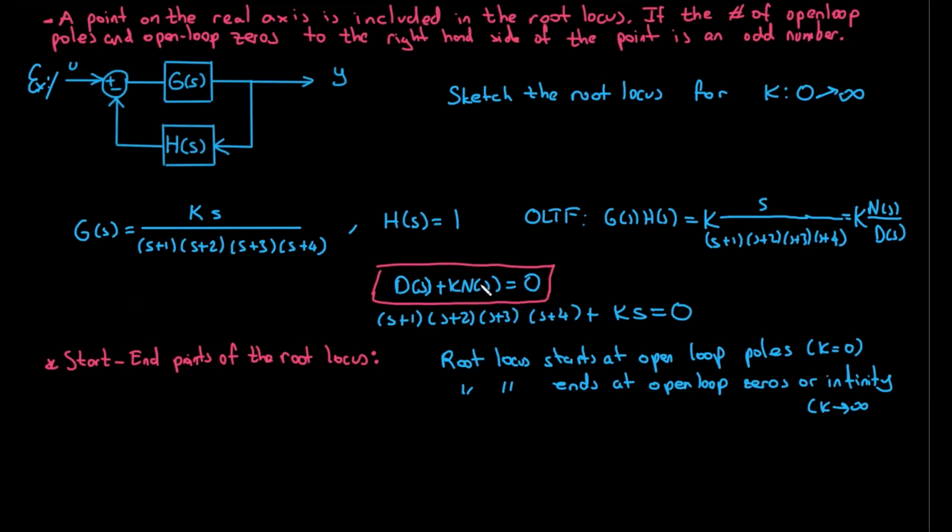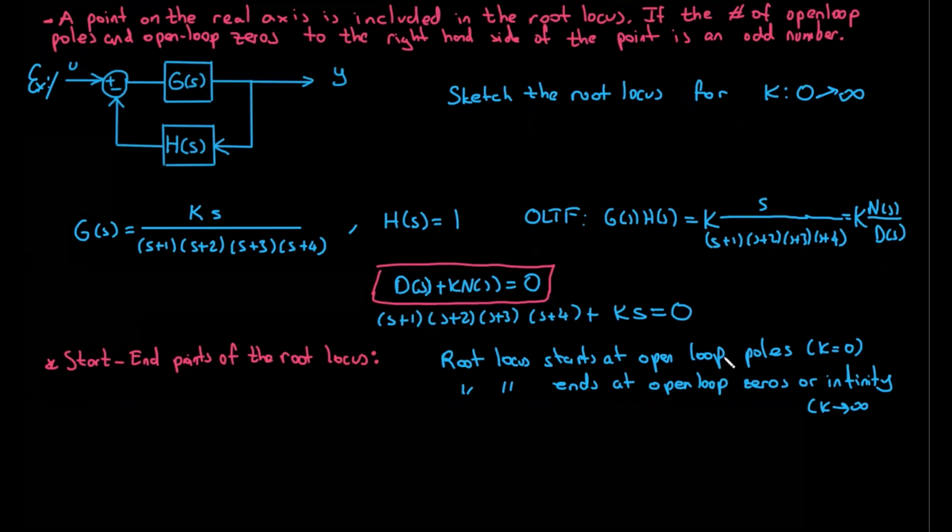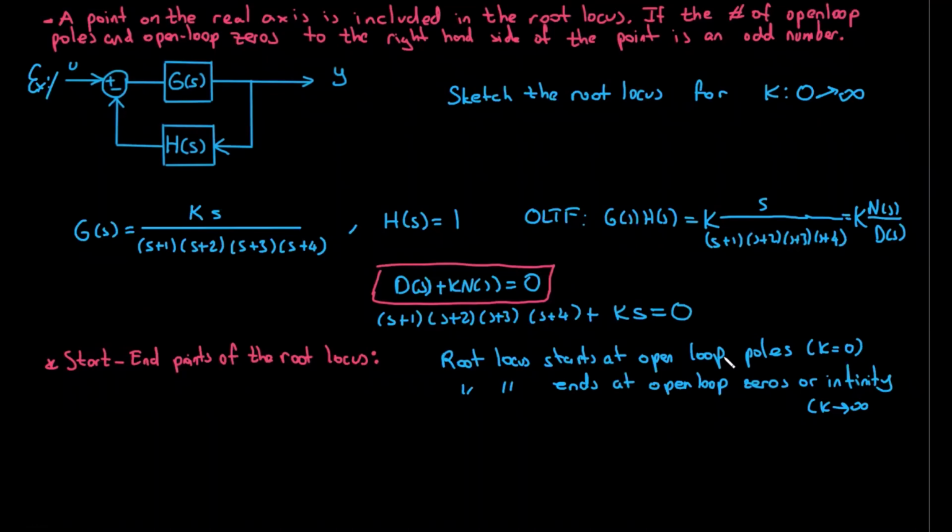So when K is 0, the closed loop poles are simply the open loop poles. If you remember our first example, the second order example, we started our root locus from 0 and minus 2.